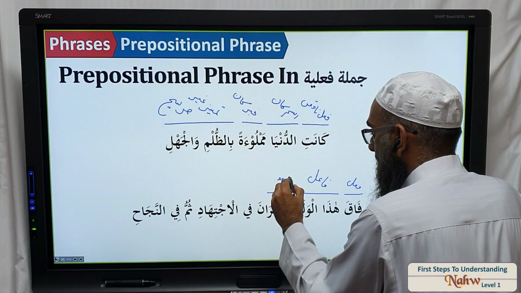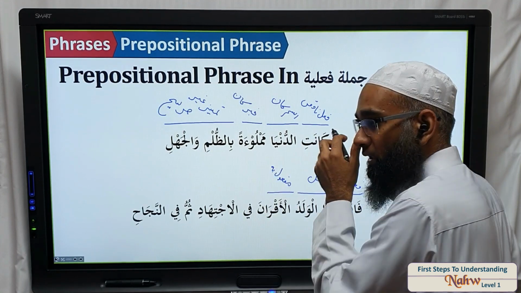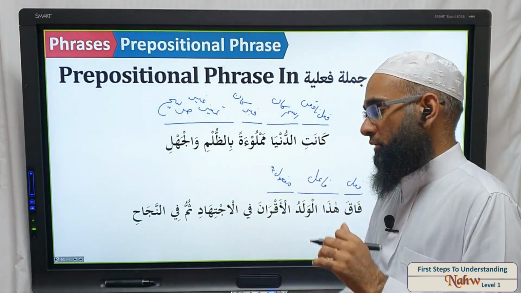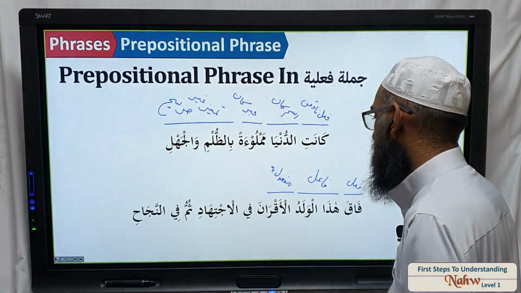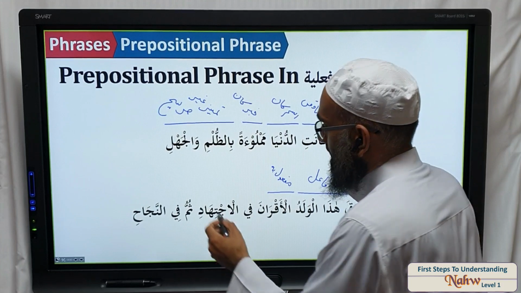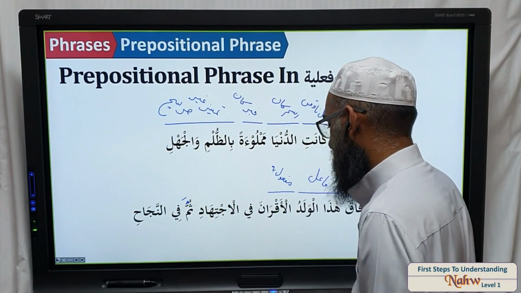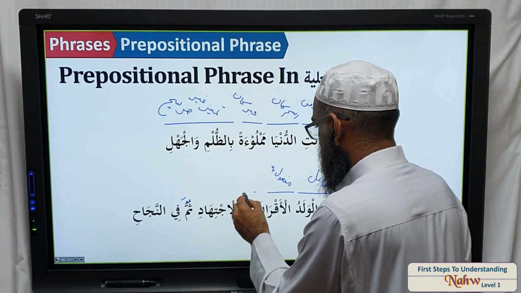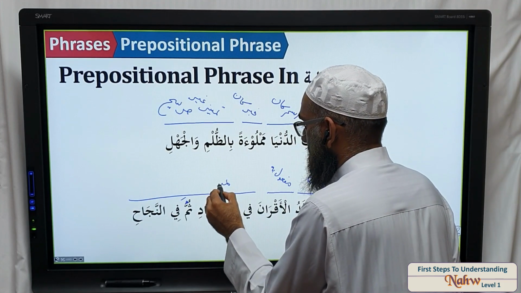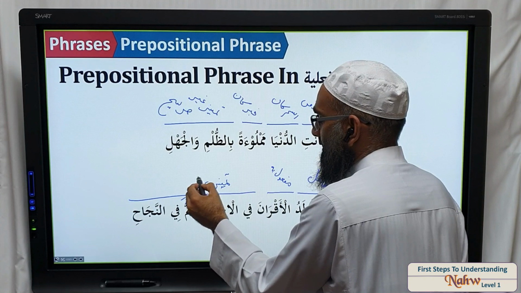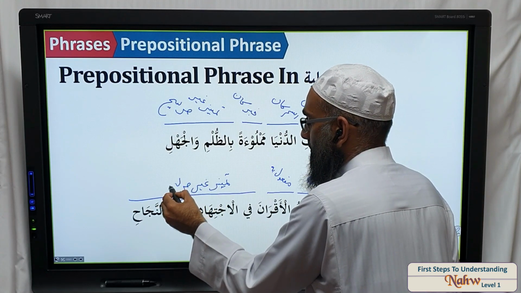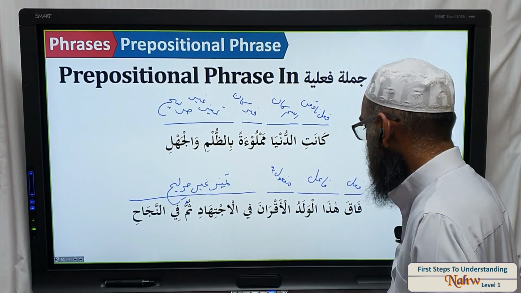This is مفعول به. أقران is the plural of قرن. قرن means your peer, those who are at the same level as you, same age group, same category as you. And then fil ijtihad. It's tamyiz ghayr sarih, because it's telling us how, or in what aspect he excelled his peers. Tamyizun ghayru sarih. Okay.